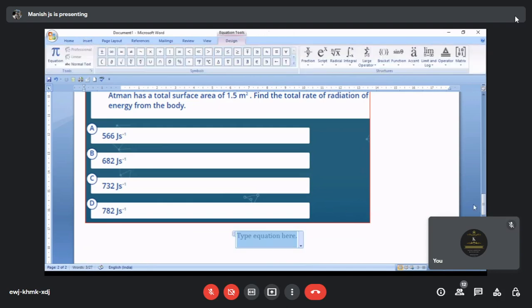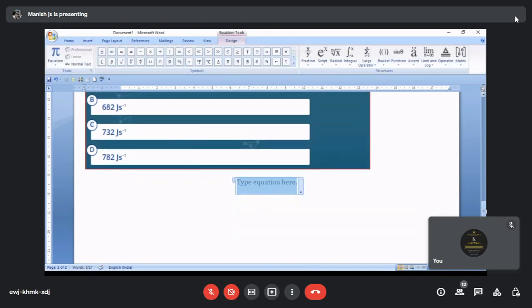You will see. I'll give you the relationship, don't worry. Try it yourselves. Stephen's constant is there. So the rate of absorption is given by PR, the rate of absorption, which is equal to sigma, the Stephen's constant, into A into T to the power 4, where T is your temperature in Kelvin.